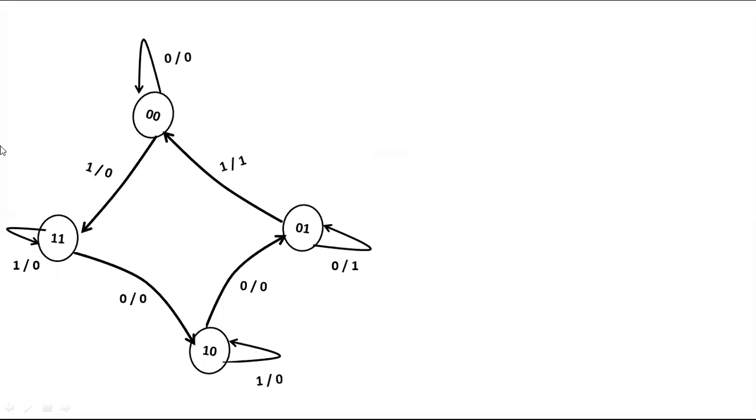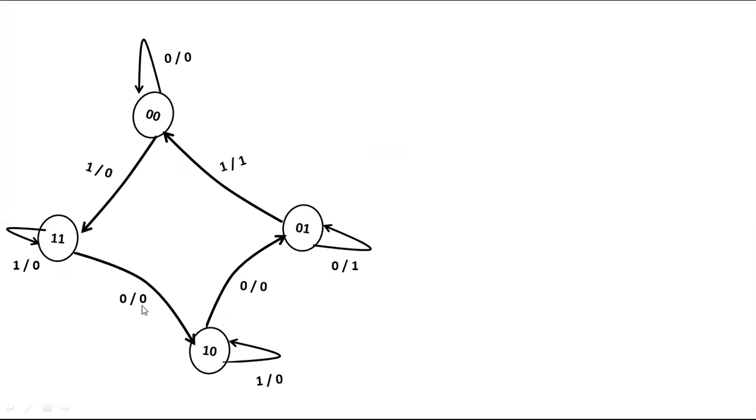Here the first one is the input and the other is the output. 1 is the input, 1 is the output. 0 is the input, 1 is the output. 0 is the input, 0 is the output. 1 is the input, 0 is the output. 0 is the input, 0 is the output. So we write the inputs and outputs depending on the function being generated.